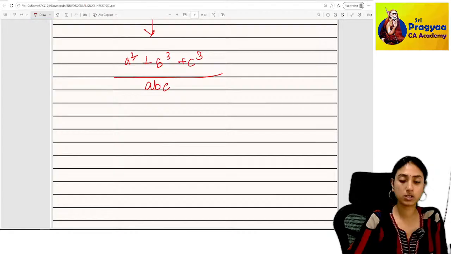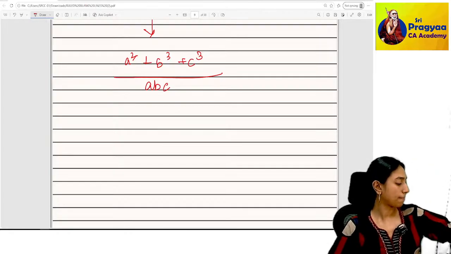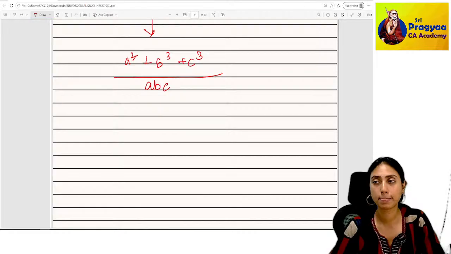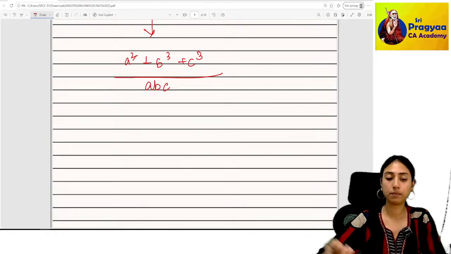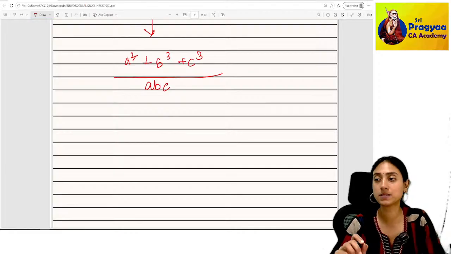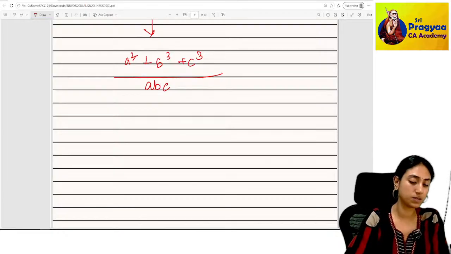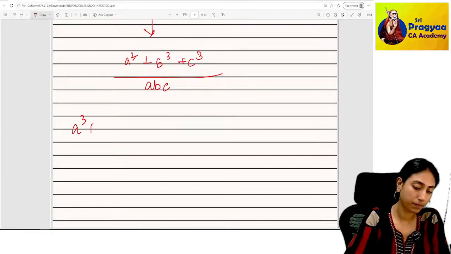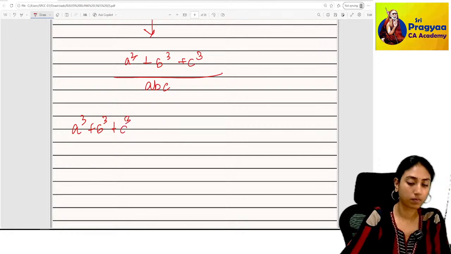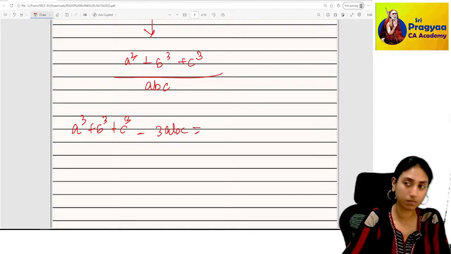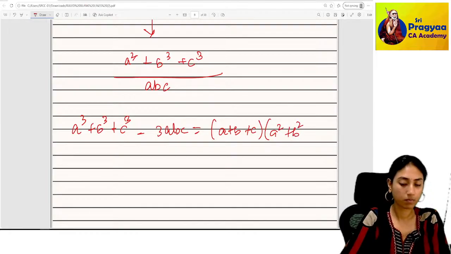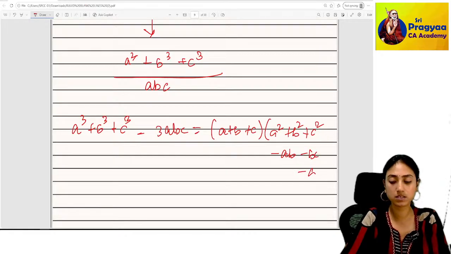Let that remain as it is. Let's solve this first. How will I solve this? We have to reverse the formula of a cube, a plus b plus c the whole cube. Okay? Which means what will I get? Minus ab minus bc minus ca.